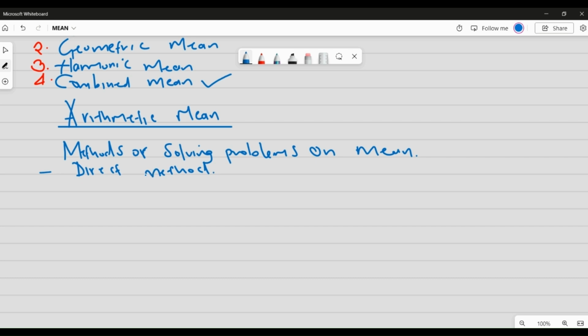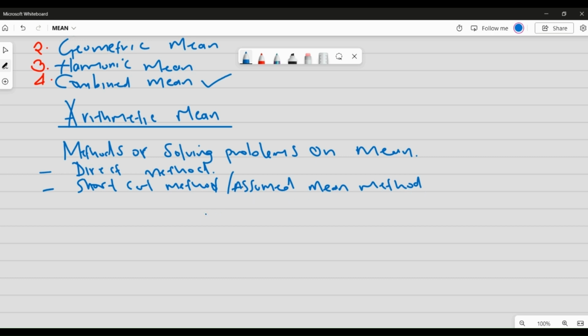This is the most common method that is used to solve problems on mean. We also have the second method, which is called the shortcut method, sometimes called the assumed mean method.